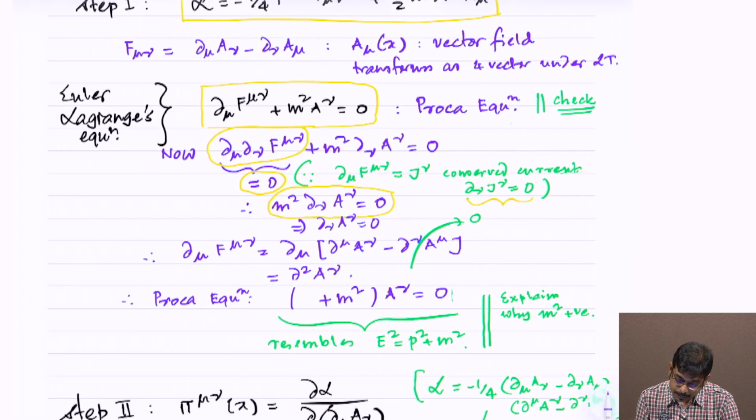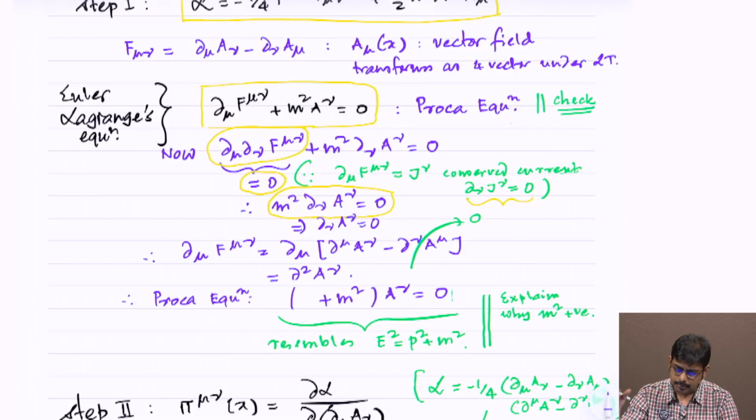So, what is del mu F mu nu? Del mu of del mu A nu minus del nu A mu. Now, from your definition, because del nu A nu equal to 0, and nu is a dummy index, I can replace that nu by mu, alpha, beta, whatever you want. So, that means the second term, del nu A mu, is going to give you 0.